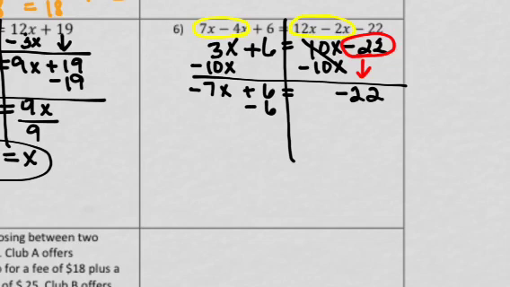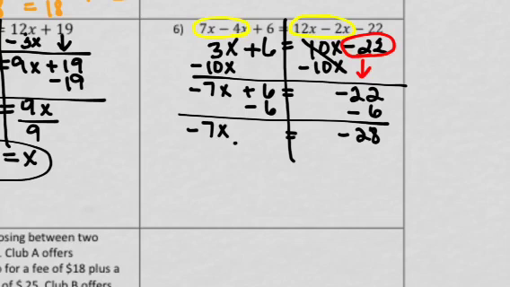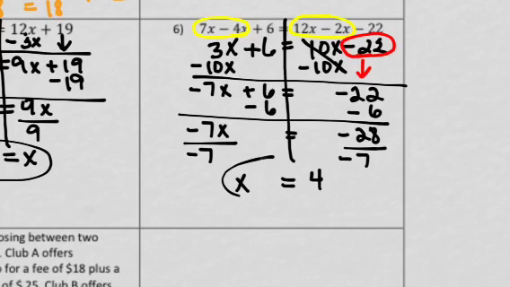Subtract 6 from each side, so now I have negative 7x is equal to negative 28. Divide both sides by negative 7, because that is the inverse operation, and I am left with 1x is equal to 4. And you should check that on your calculator to make sure that works.